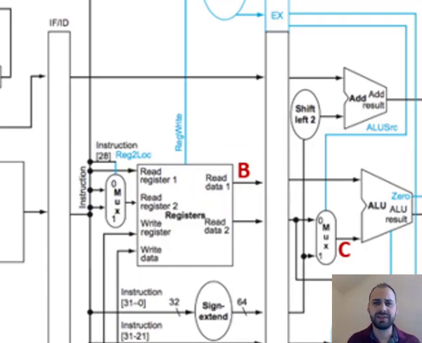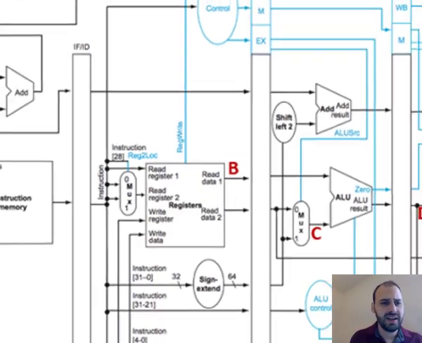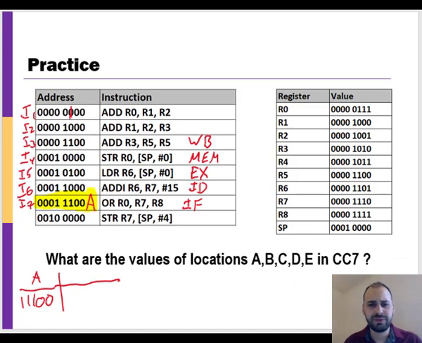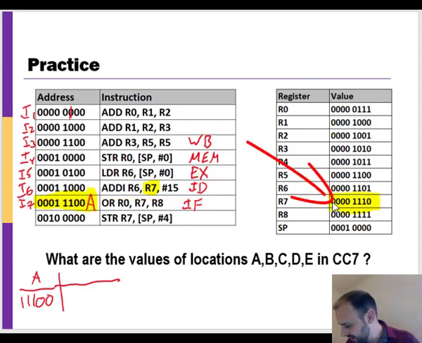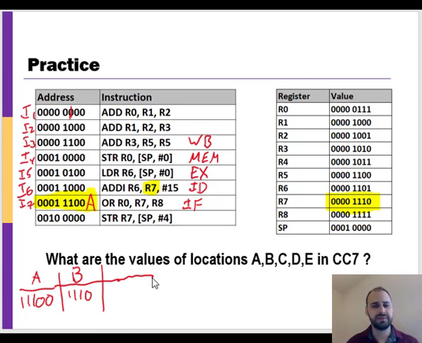If we look at that, the first register read here is going to be this here, R7, and R7 has this value. So location B is going to be 1110. I think that's 14.